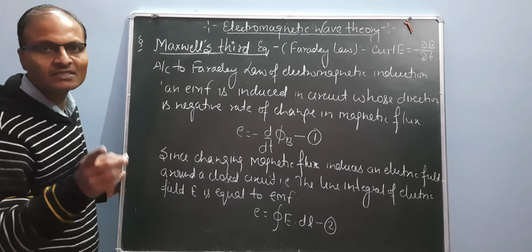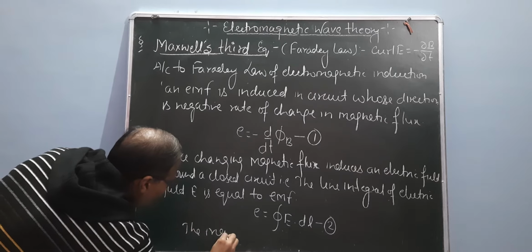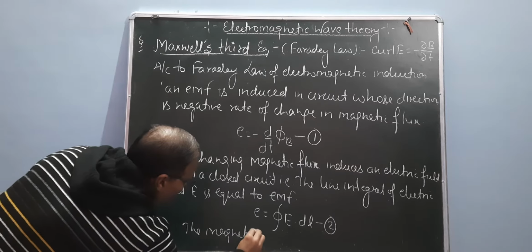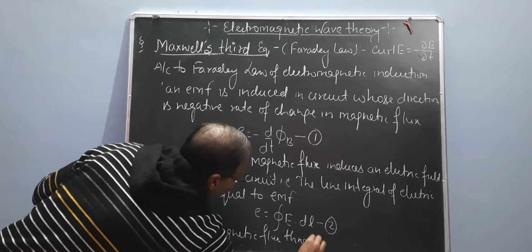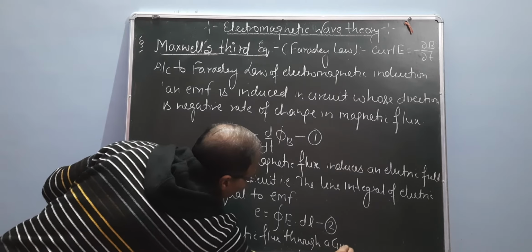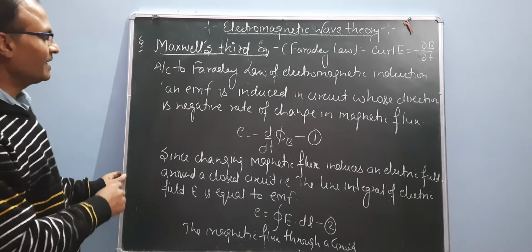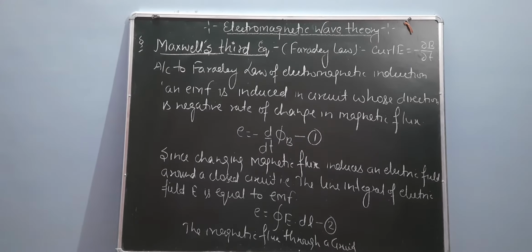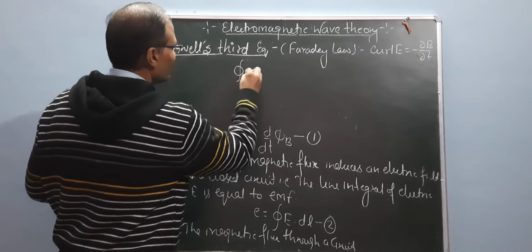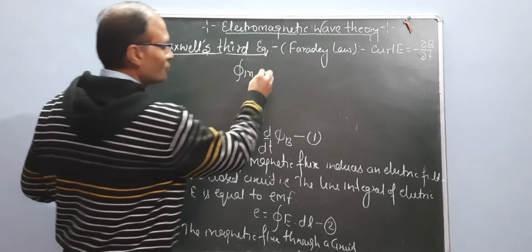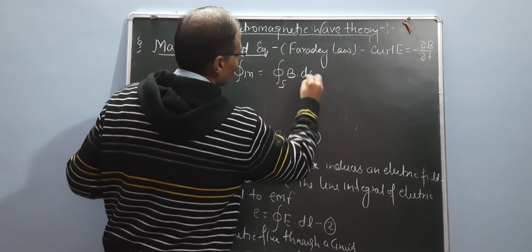The magnetic flux through a circuit, then the equation is, magnetic flux phi B equal to closed surface S B dot ds.